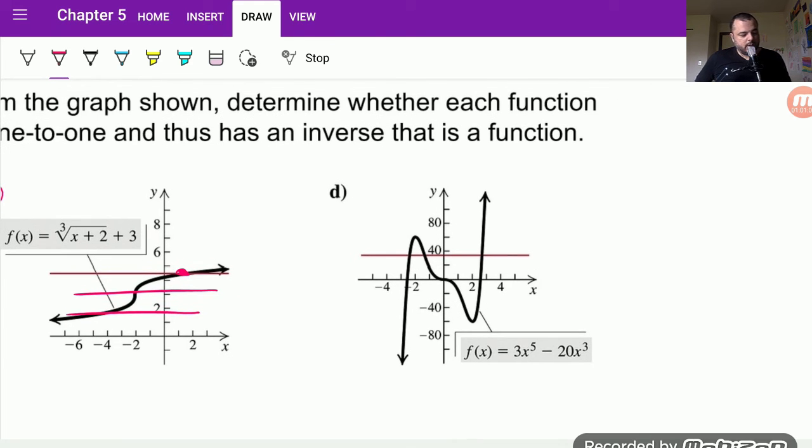The last one: the horizontal line passes through the graph of the function in more than one point. So this is not a one-to-one function. Therefore, the inverse of this function is not going to be a function.